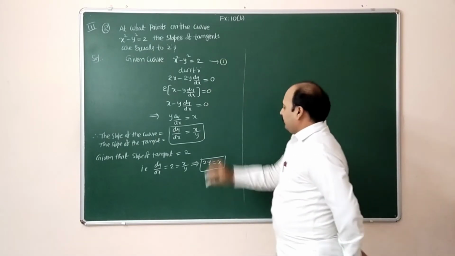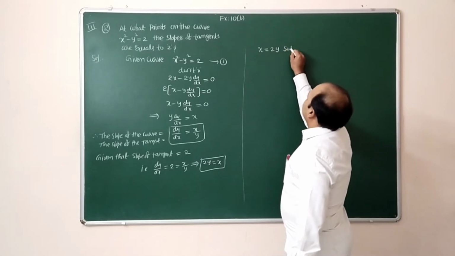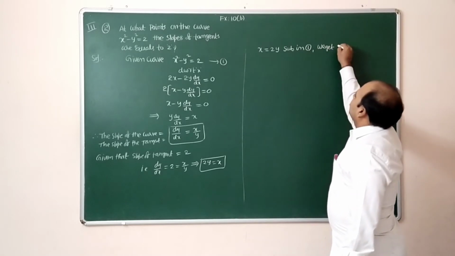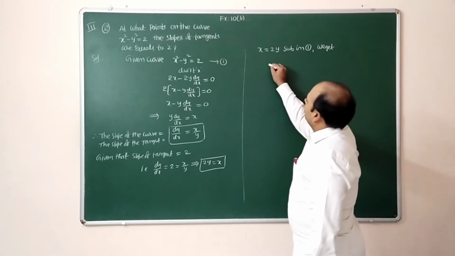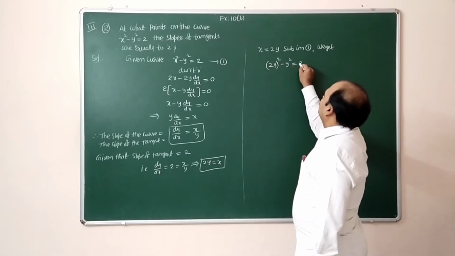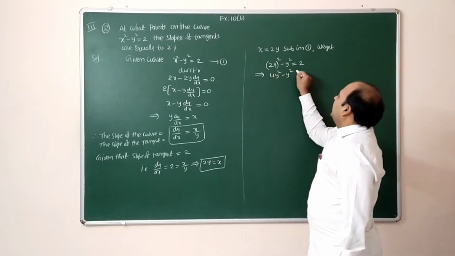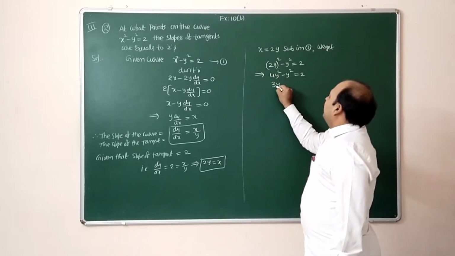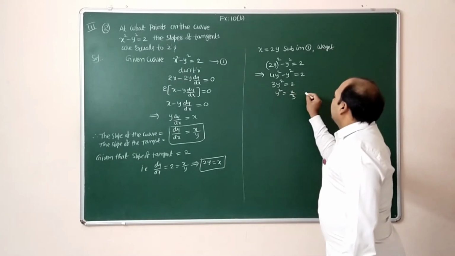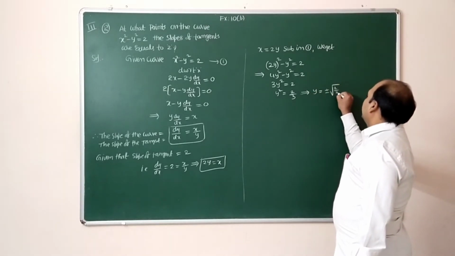Substitute in the curve, equation 1, we get 2y whole square minus y square is equal to 2. That implies 4y square minus y square equal to 2, 3y square equal to 2, y square equal to 2 by 3. That implies y is equal to plus or minus root 2 by 3.